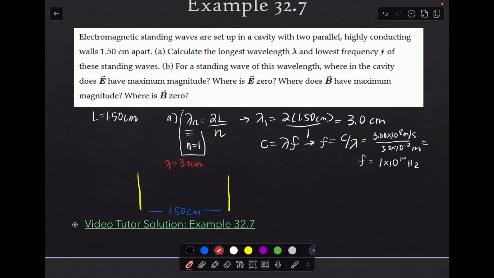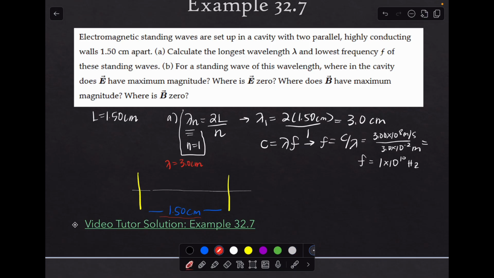And since we only have 1.5 centimeters to draw a 3 centimeter wavelength, we're only going to be drawing half of the wave, right? So for the E field, let's draw it first in red, and let me draw a 0 line here, just so we can see the 0.